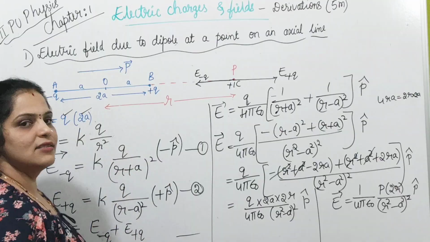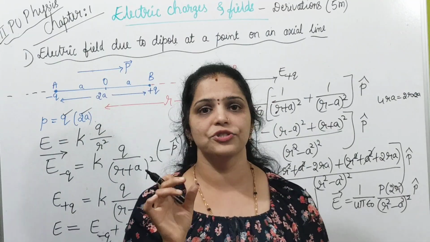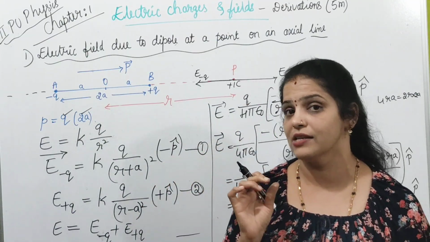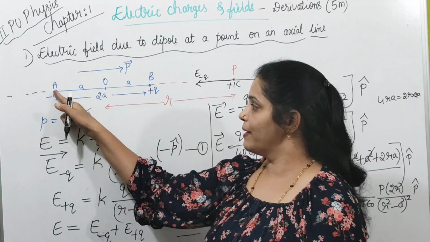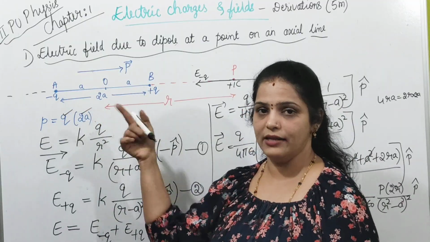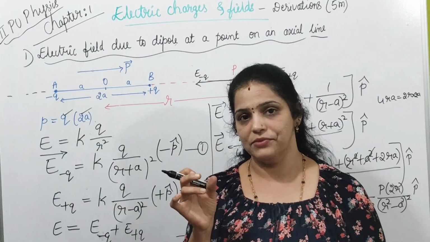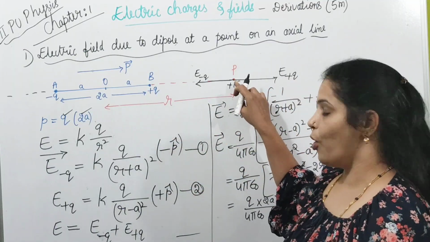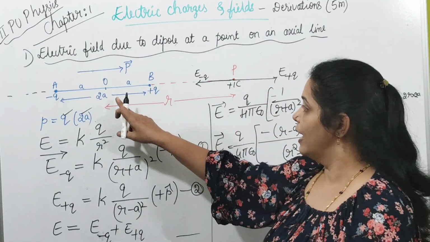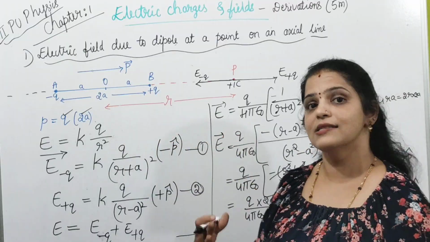Now, the point P is on the axial line at a distance R from the center, right? So, dipole means the distance between two charges is very small. It is in terms of millimeter, okay? H plus Cl minus is a dipole, right? So, the distance between them is very, very small. So, it is in terms of millimeter. Whereas, the point we considered is at a distance R, which means it is in centimeter.